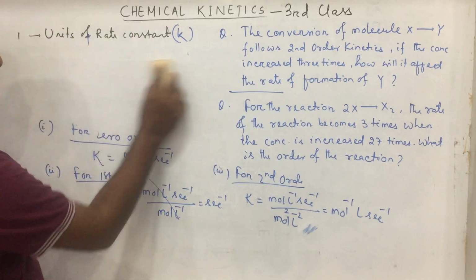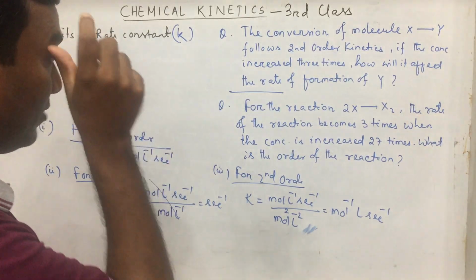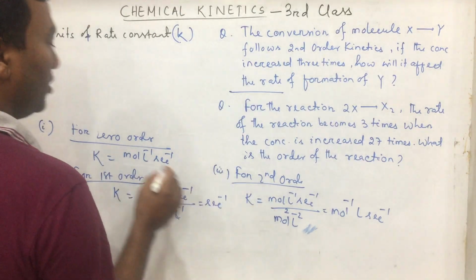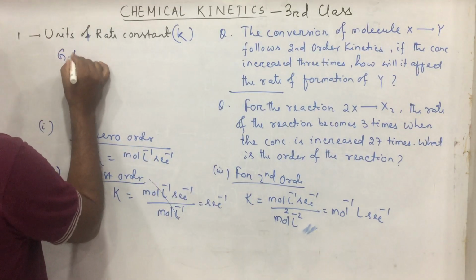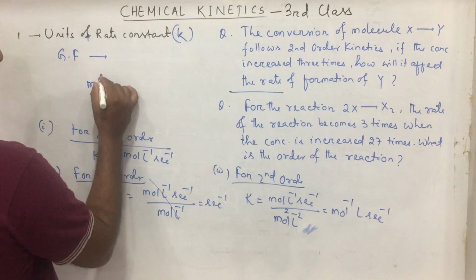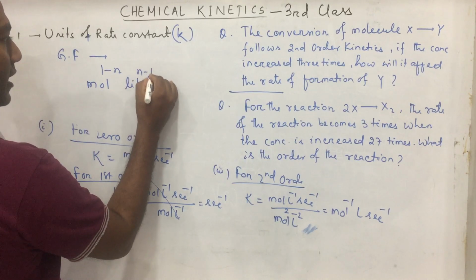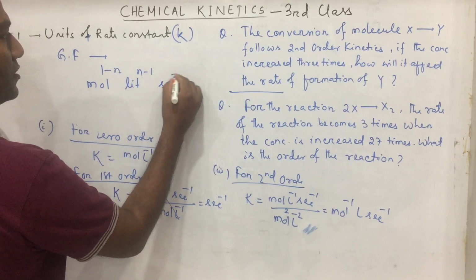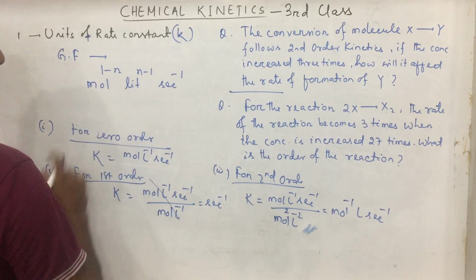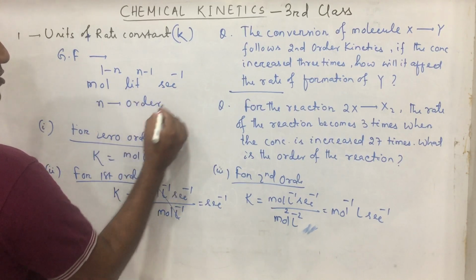In the general formula, if we put the direct order value, then we can directly calculate the unit of the rate constant. So the general formula is: mole to the power 1 minus n, liter to the power n minus 1, second inverse. Clear? What is n? n is the order of the reaction.